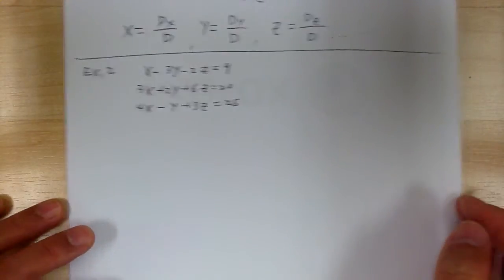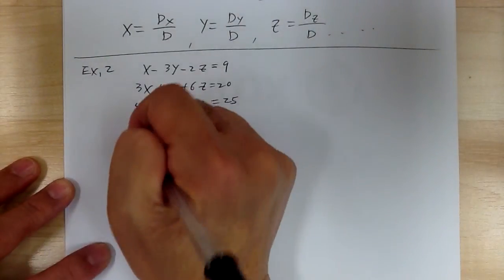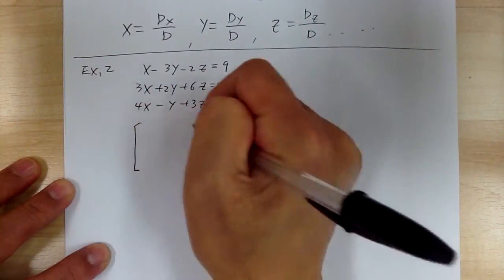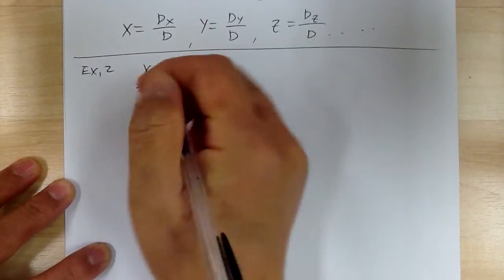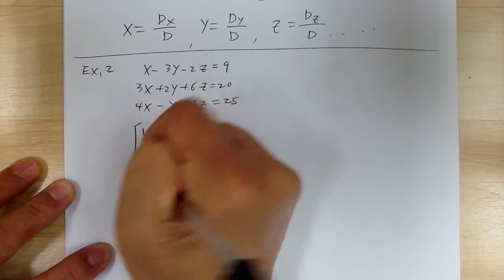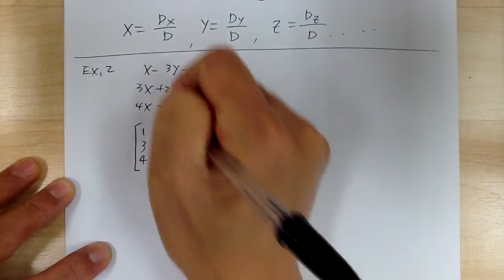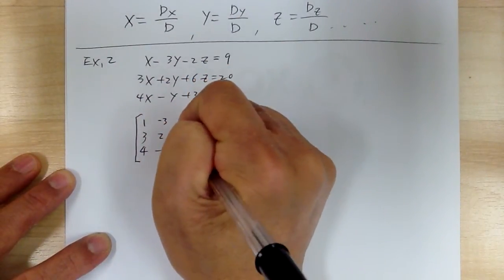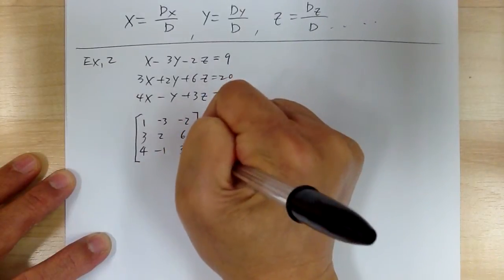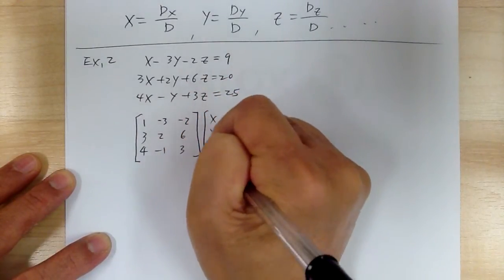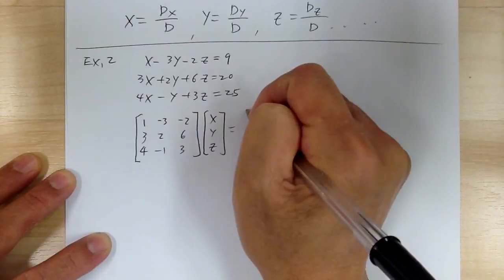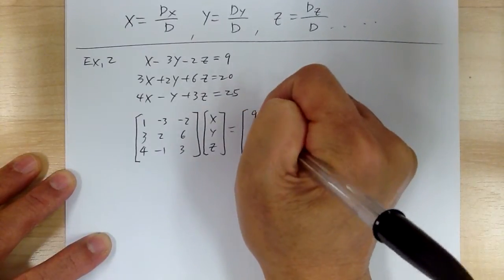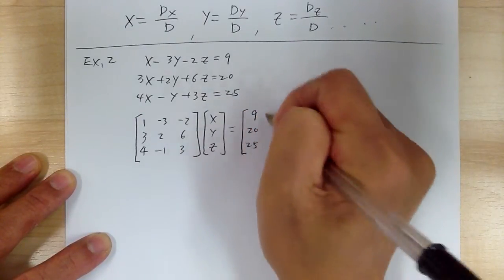First you need to write this in matrix form. You get 1, 3, 4. Watch out for the negatives: negative 3, 2, negative 1, then negative 2, 6, and 3. Then x, y, z equals your answer matrix 9, 20, 25.